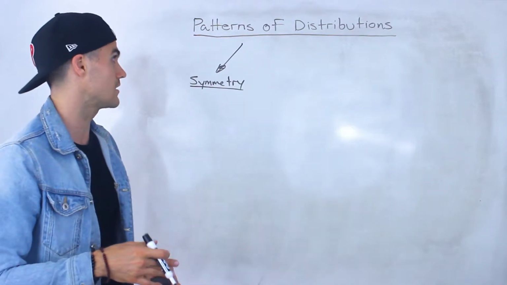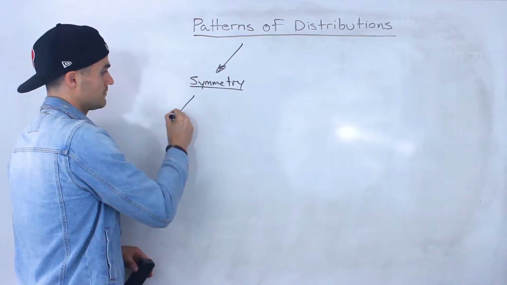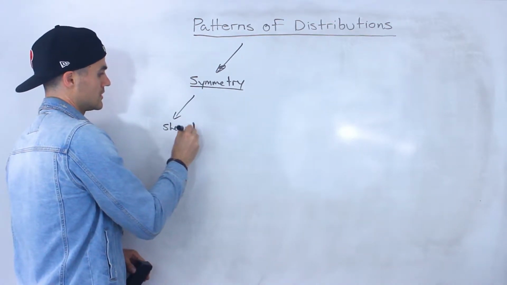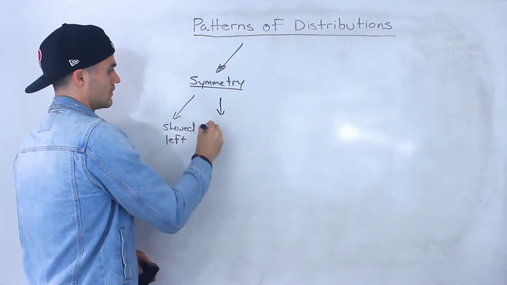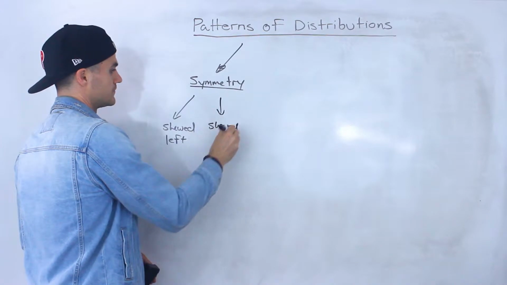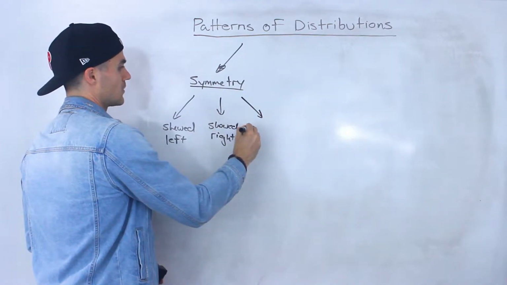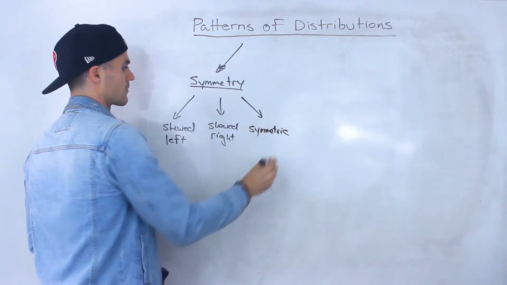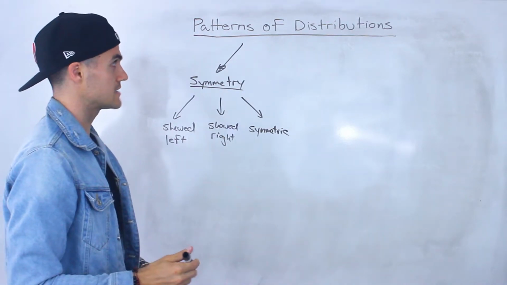So when we're talking about the symmetry of a distribution, there's basically three cases. Either the distribution is going to be skewed left, it's going to be skewed right, or it's going to be symmetric. And we'll go over all three of these subcases.